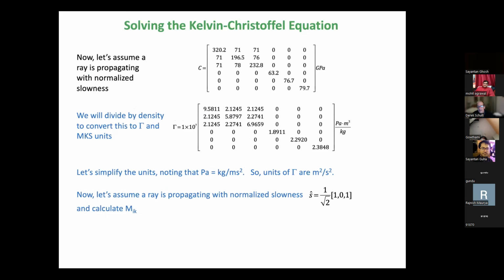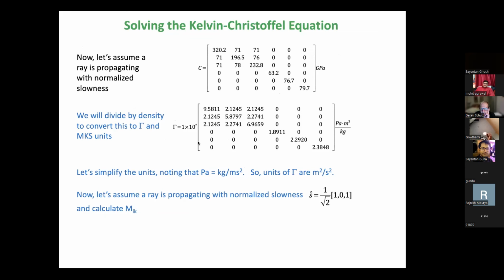All right, so that's kind of complicated. And now let's do an example, and hopefully this will help you understand it a little better. So we will take a Voigt matrix for olivine, and then we will convert it to gamma.